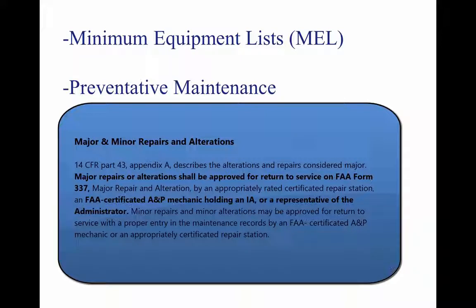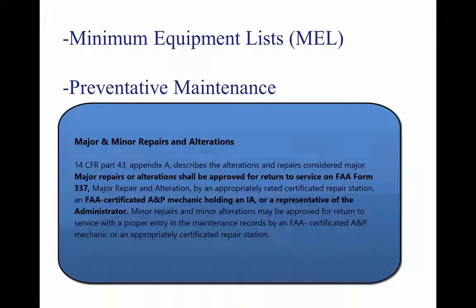Repairs and alterations. Repairs and alterations are classified as either major or minor. 14 CFR Part 43, Appendix A, describes the alterations and repairs considered major. Major repairs or alterations shall be approved for return to service on FAA Form 337, Major Repair and Alteration, by an appropriately rated certificated repair station, an FAA certificated A&P mechanic holding an IA, or a representative of the administrator.